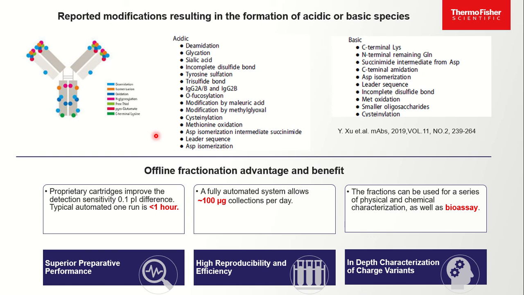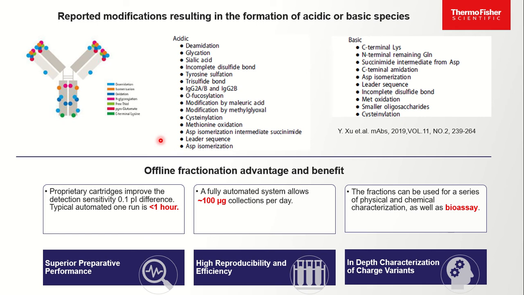That's why the analysis of charge variants is a regulatory requirement for biotherapeutic proteins. But this characterization requires the proteins to be separated into divided charge fractions with enough purity for downstream assays.